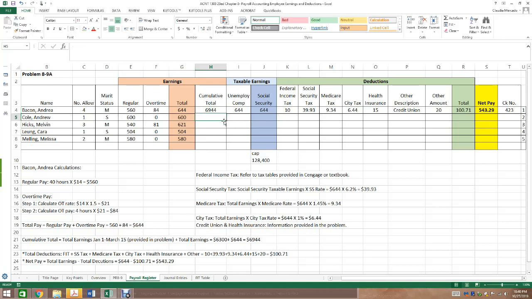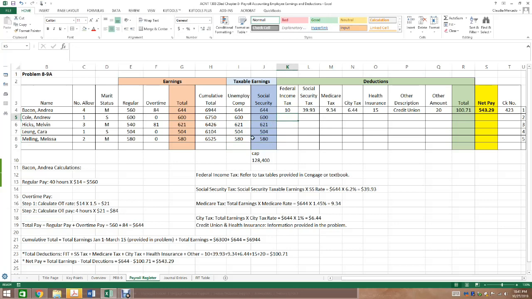Accumulated earnings. 67.50, 64.26, 2104, and 65.25. Okay, 600, 621, 504, 580.